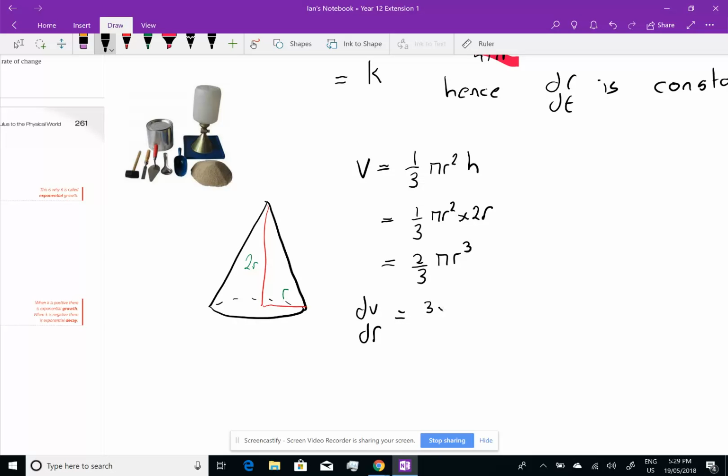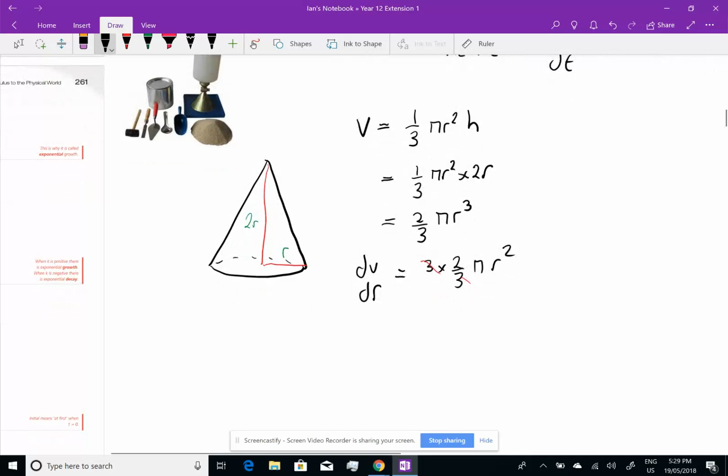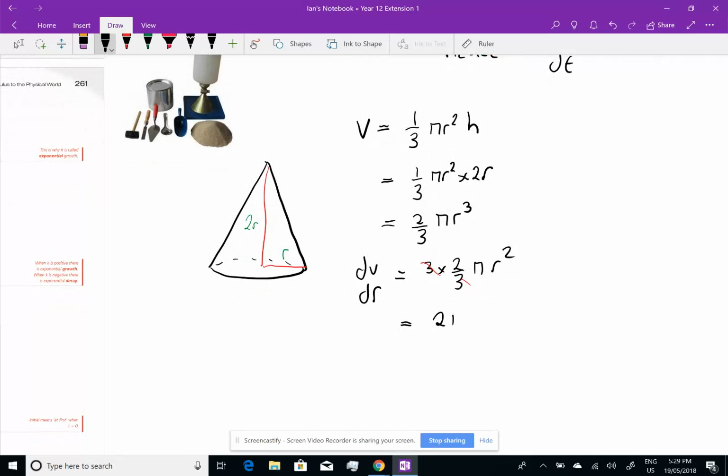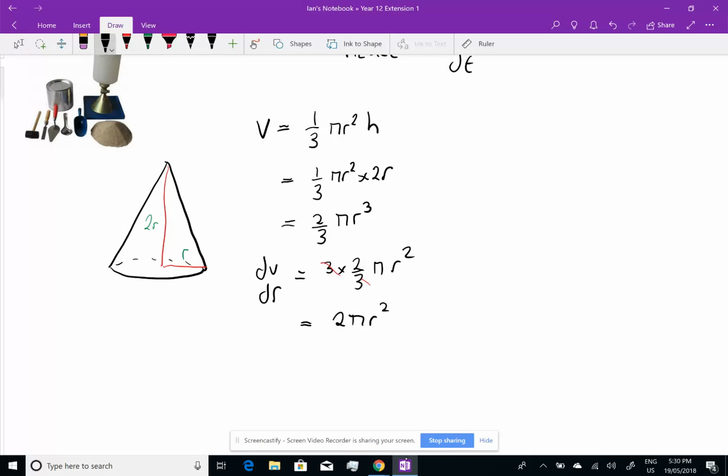And that means we'll get 3 times 2/3 pi r squared. And of course, the 3's will cancel, which is neat, getting rid of that fraction. So dV/dr, the rate of change of volume with respect to the radius, is 2 pi r squared. Well, what else do we know? We know that dV/dt of this is 8 meters cubed per minute.